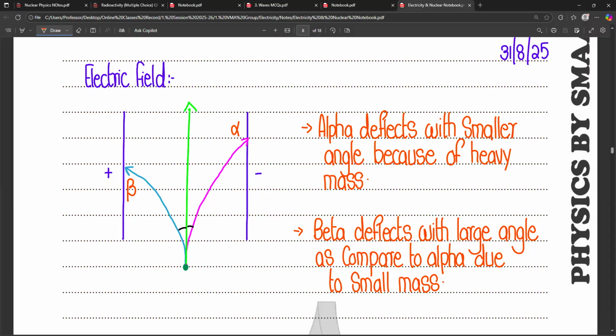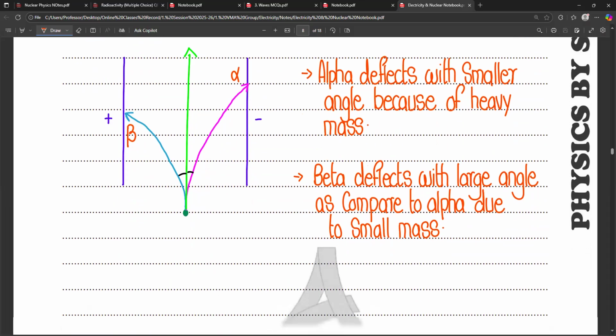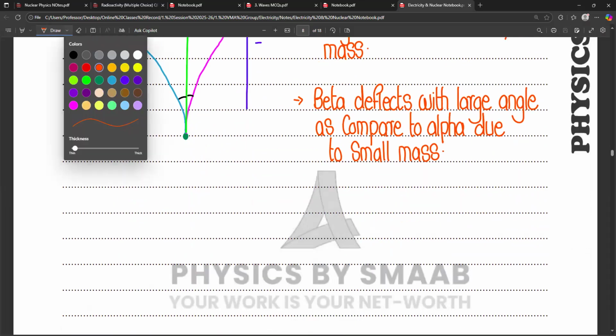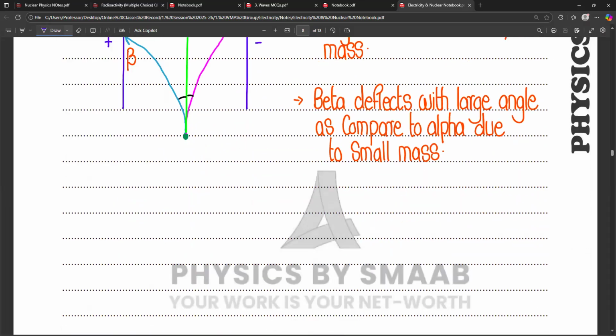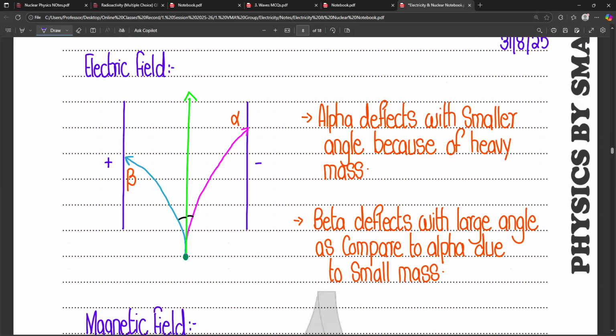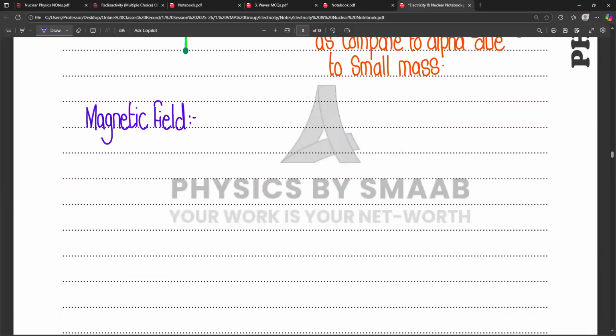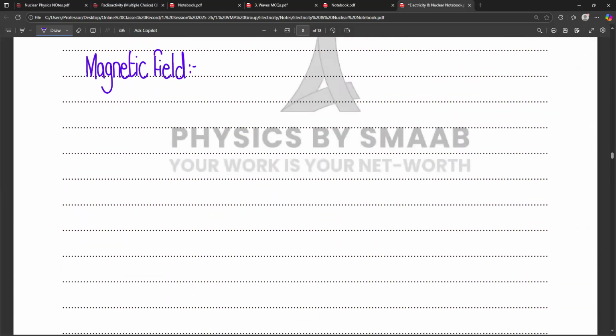So let's suppose if we consider the same source in magnetic field. So for magnetic field, definitely we need to consider the direction of the magnetic field.